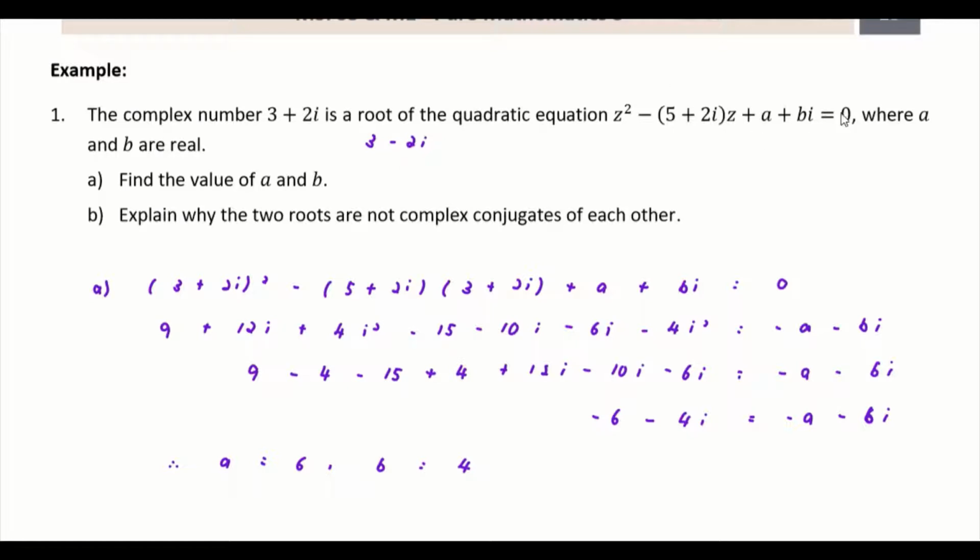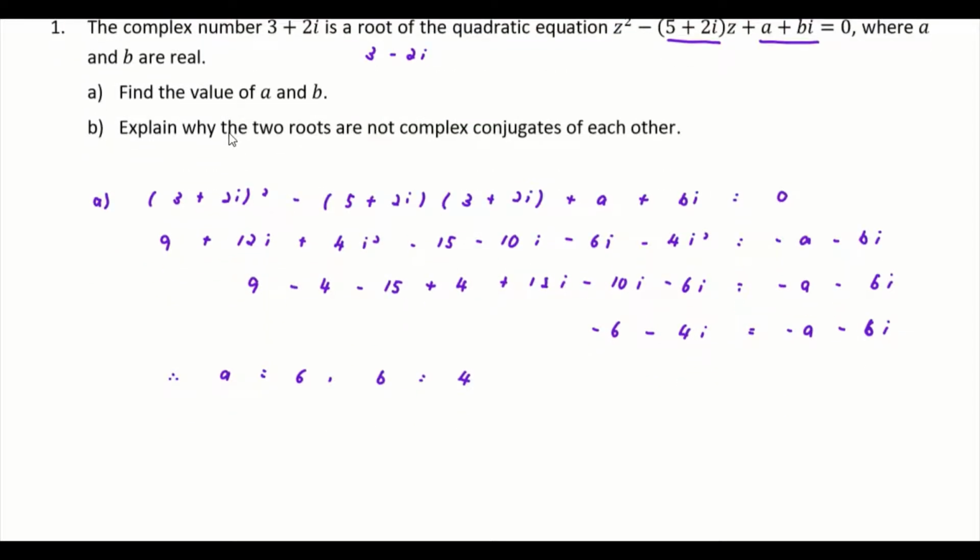So you see our equation here, are they all real coefficients? No, you can realize that your B part is having a complex number. Your C part also has something that consists of i. So that's why this is not an equation with all real coefficients. So that's why the complex numbers are not going to be complex conjugates.